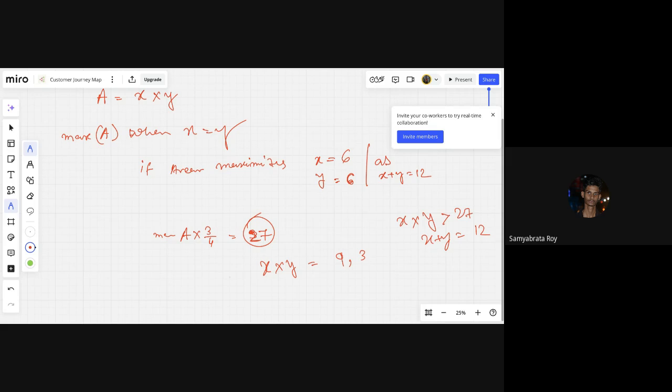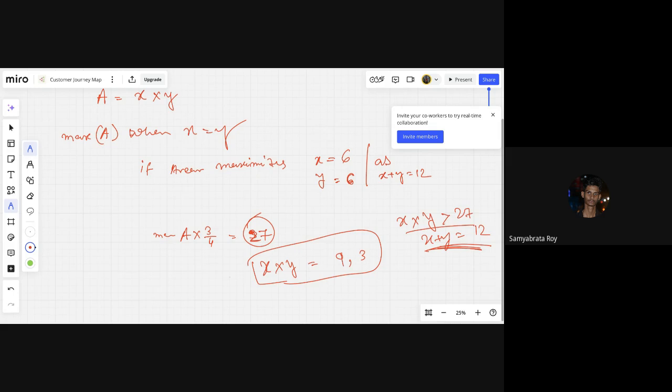Actually we don't. But if you solve this inequality with the help of the auxiliary equation, you will get the value, right? So this is the scenario. It can't go beyond this, right? This is clear now, right?